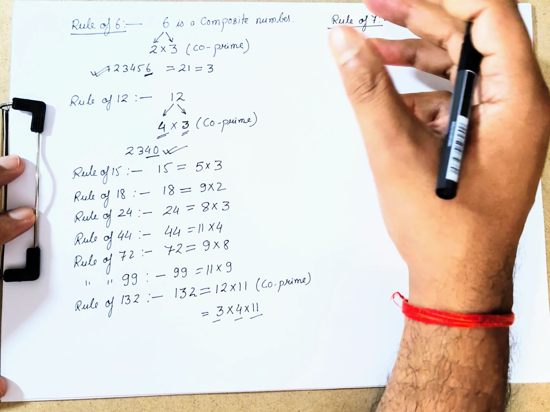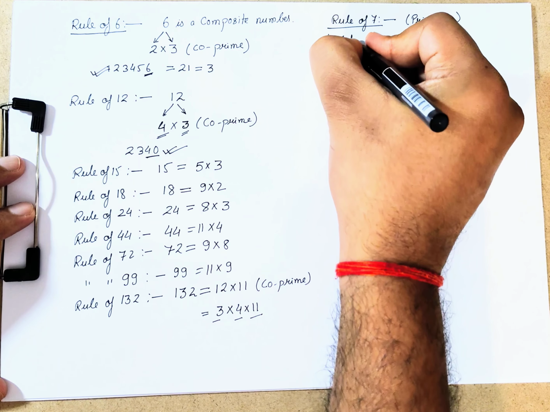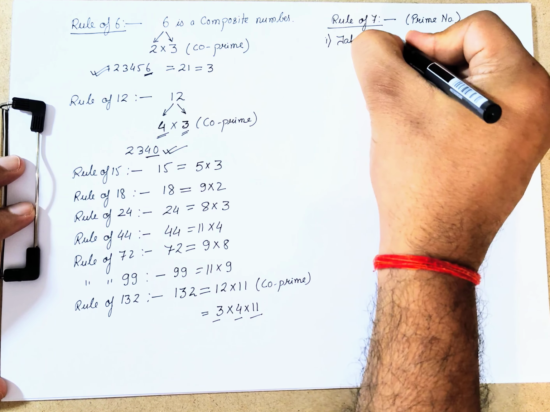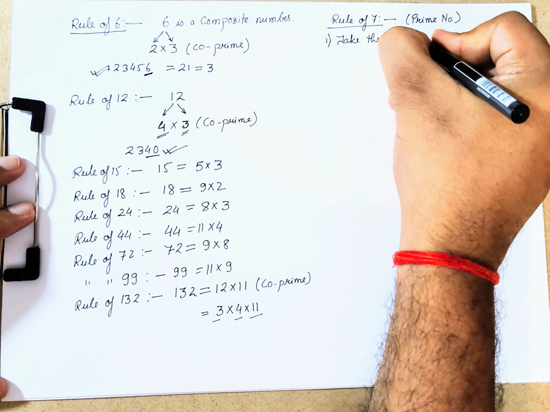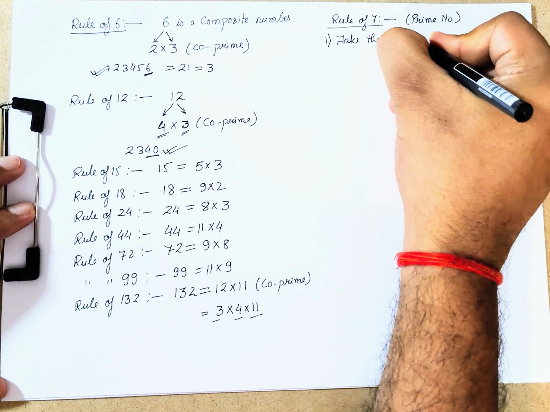Let's understand the rule for 7. So what we need to do is, of the given number, take the last digit of the number. Now, after taking the last digit of the number, double it.